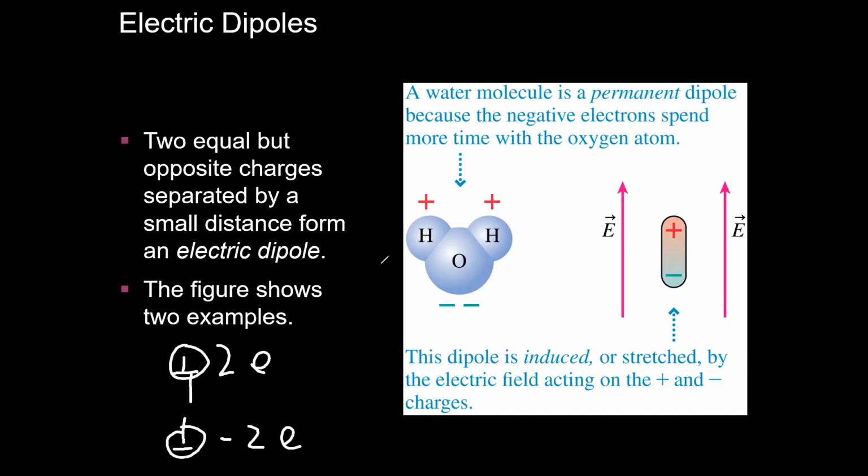And then some separation, right? If you look up the values of the bond distance in water molecules, you'll find it's about an angstrom. So basically a water molecule can be modeled electronically as a pair of charges that are separated by a small distance.